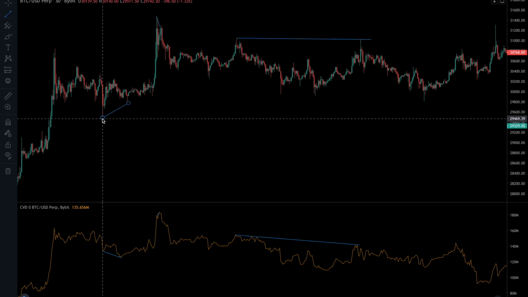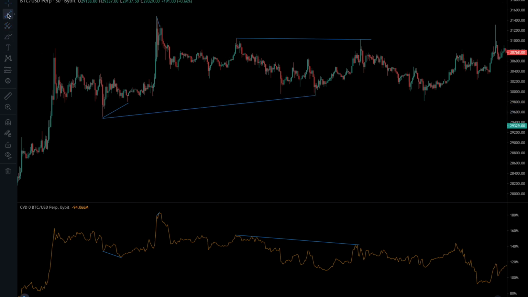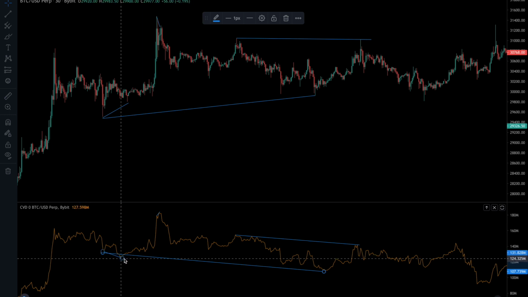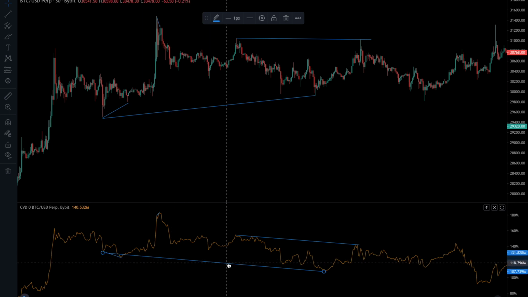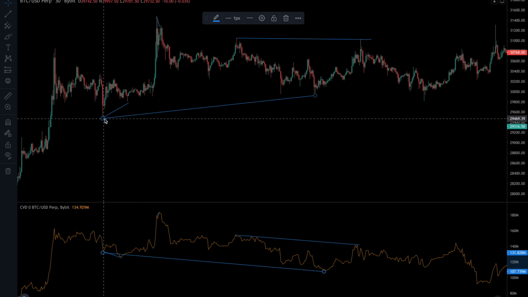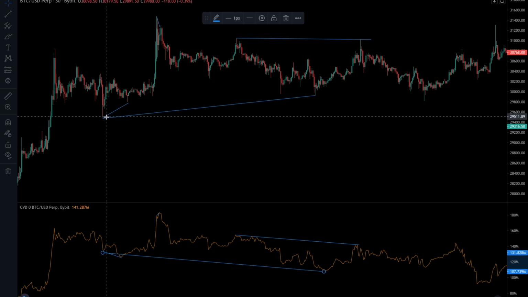Now, before this exhaustion, which we see over here, you also had another big example of absorption. If you compare those two lows in price, and then you also compare them with the CVD, you can see that in the case of CVD, there was some aggressive, big selling, whereas the price here was not going lower than the prior low.